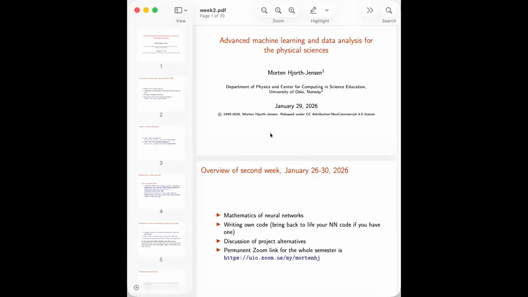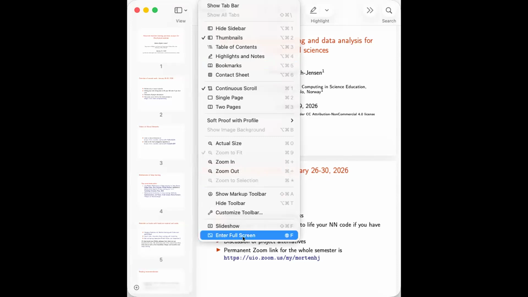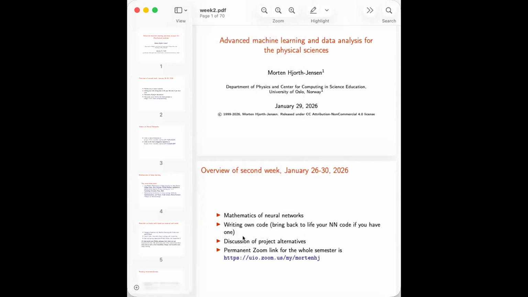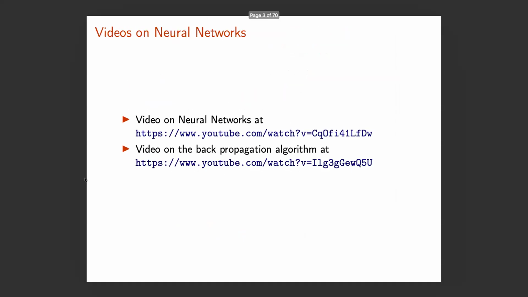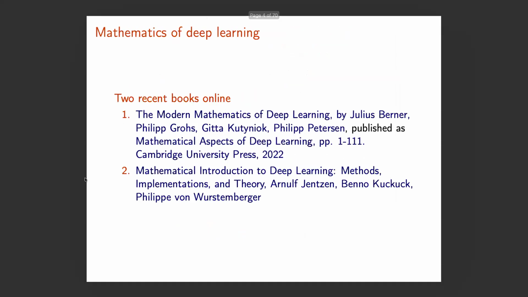And then I wanted to bring back to life some of the technicalities with neural networks, which we started to look at last week. There are some basic informations here. I also mentioned to you that since every year there's somebody who's more interested in the mathematics of deep learning, there are actually 2 excellent textbooks which you can download.